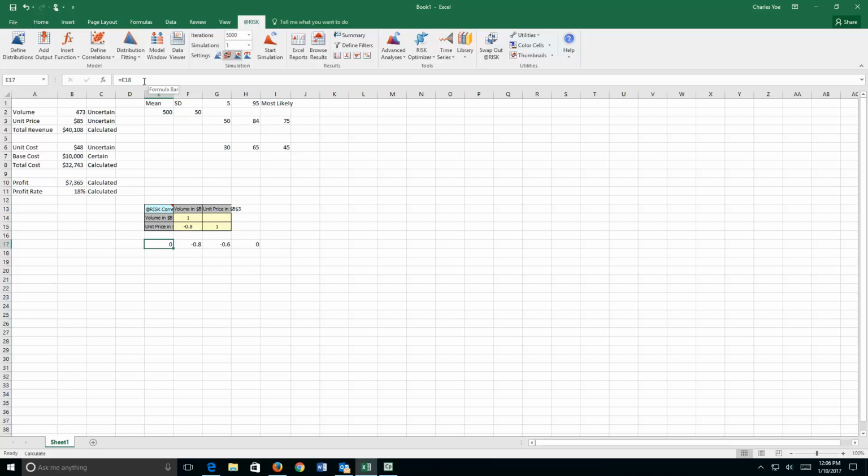Excuse me here, I just accidentally erased my risk sim table. Let me restore it. And what I need to do is I need to substitute this 0.8 with my sim table. So in the matrix, I just type an equal sign and an E17.